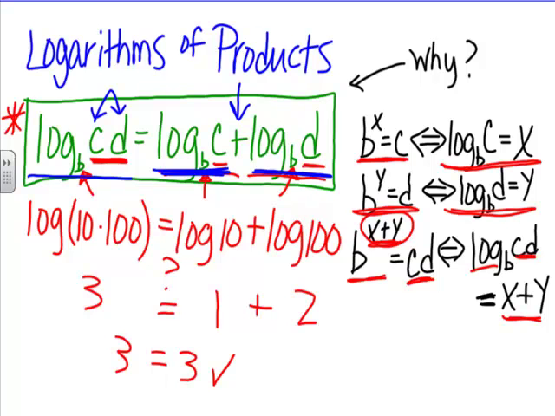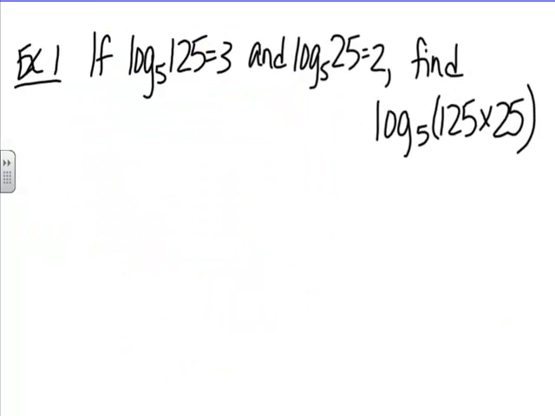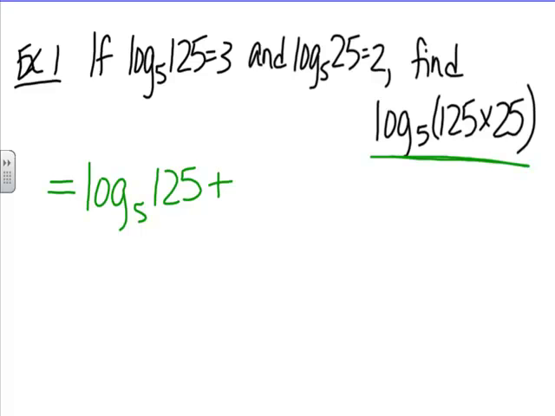So let's look at an example. If the log base 5 of 125 is 3, and the log base 5 of 25 is 2, find the log base 5 of 125 times 25. So what good is knowing this fact? Well, we now know that we can rewrite this as log base 5 of 125 plus log base 5 of 25.